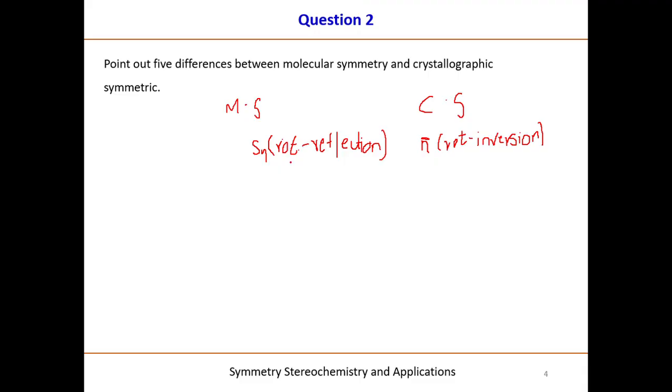And in molecular symmetry we have the center of inversion I, and in crystallographic symmetry also we have center of inversion, which is denoted by I. Here we have identity element E, and in this case also we have identity element E.